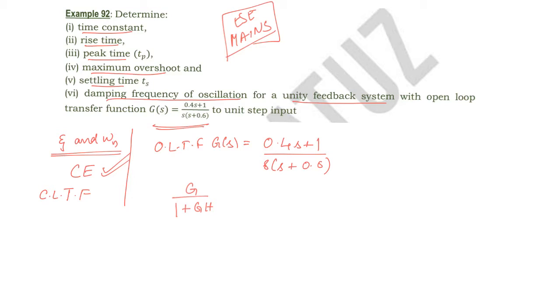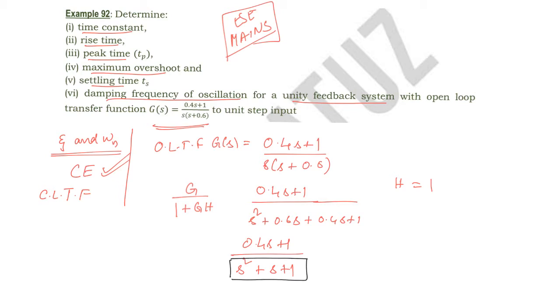So this will be 0.4s plus 1 divided by s square plus 0.6s plus 0.4s plus 1, because H is equal to 1. So this will be 0.4s plus 1 divided by s square plus s plus 1. So s square plus s plus 1 is the characteristic equation.